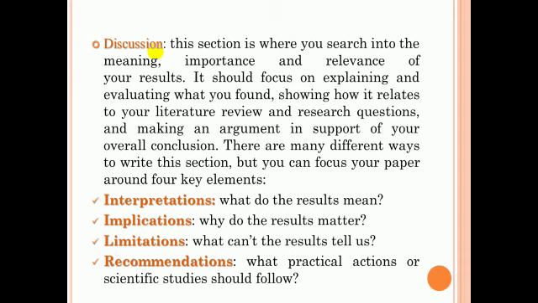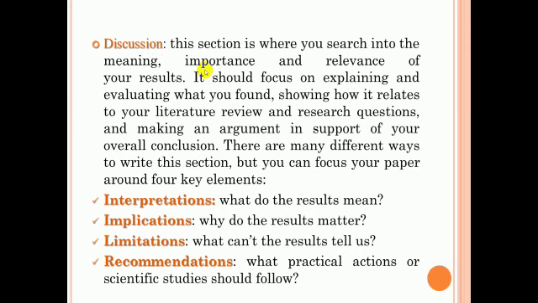This means that after you have reached certain results, for example statistical ones, you have to make a contact between those statistical results and your hypothesis. You have to discuss those results. Numbers and statistics mean nothing without explaining them and explaining the connection between your results and the main aim, the problem, and the hypothesis of your paper.